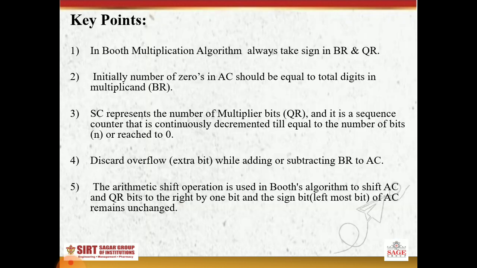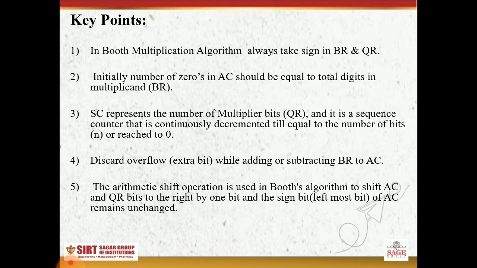Now there are some key points. These are very important points. In both algorithms, always take the sign bit in BR and QR. Initially, the number of zeros in AC should be equal to the total digits in the multiplicand, that is BR.